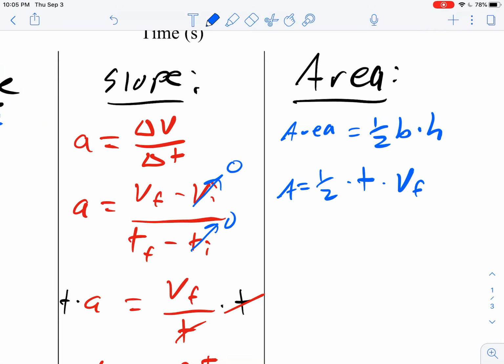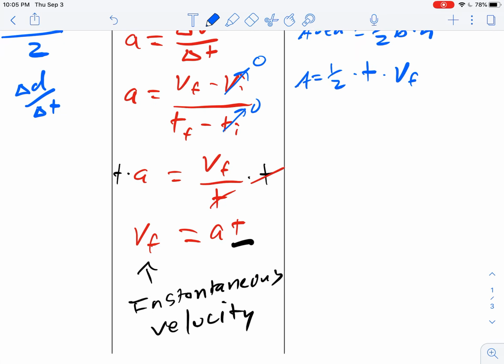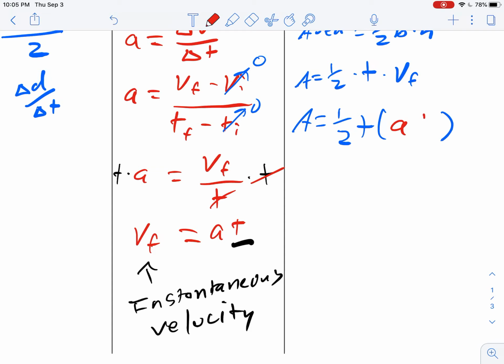Now I'm going to take advantage of a little algebra trick, a little substitution, because down here I have an expression that is in terms of VF. VF is equal to acceleration times time. So I'm going to make a substitution: the area equals 1/2 times time, and I'm going to take final velocity and replace that with acceleration times time.